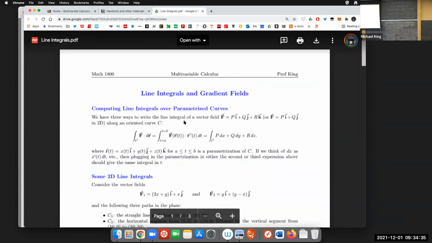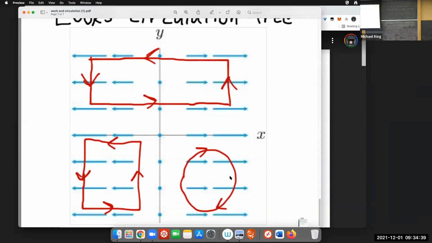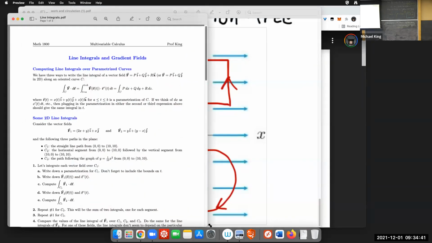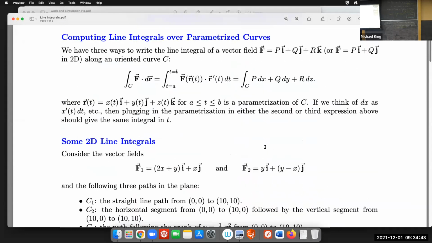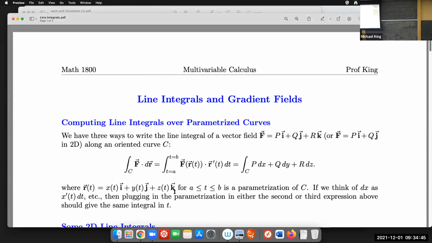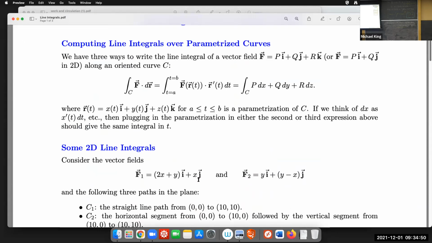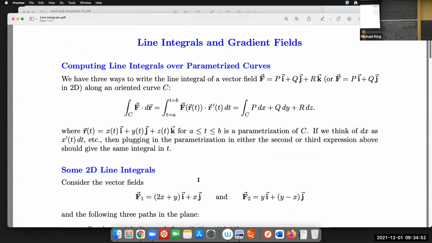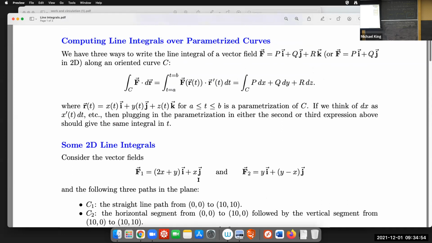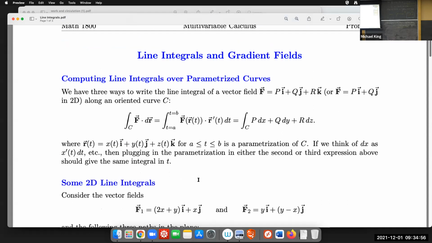Okay, we actually want to compute some line integrals. This is a handout, but let's do some of it together. Actually, I want to write all these down, but let me do just an example. I'll leave this on screen.